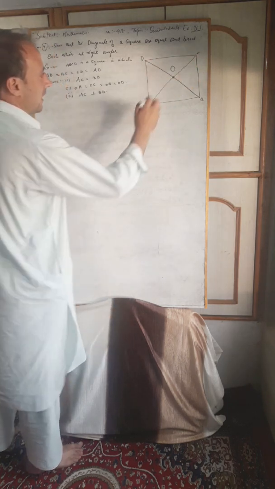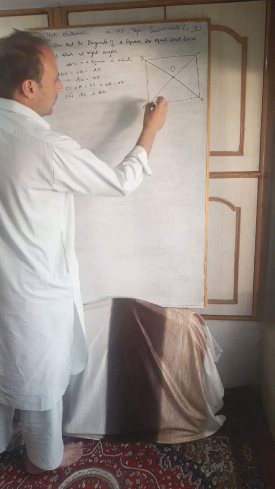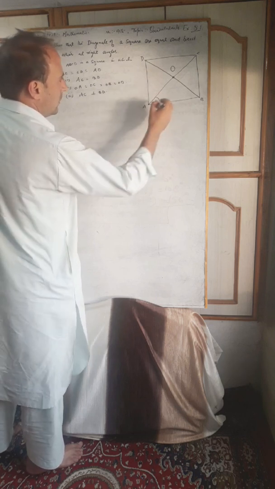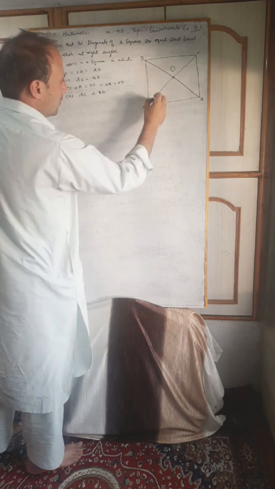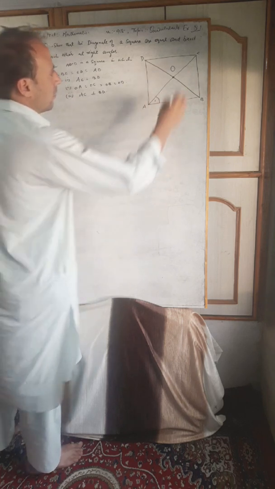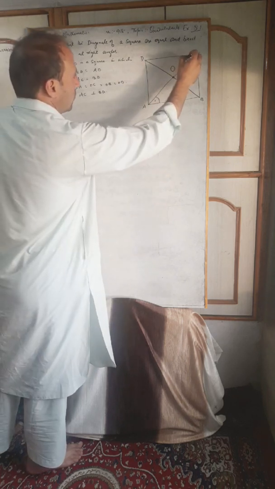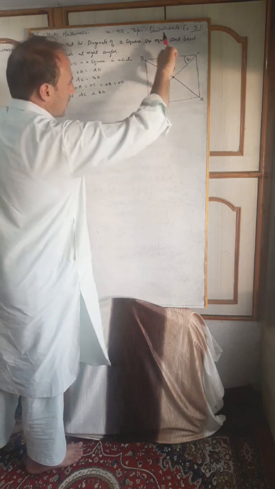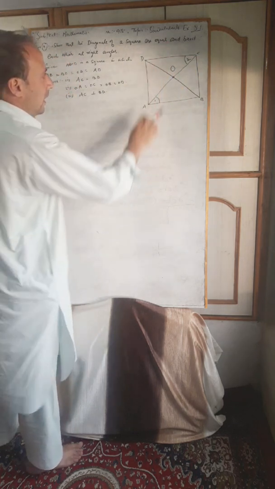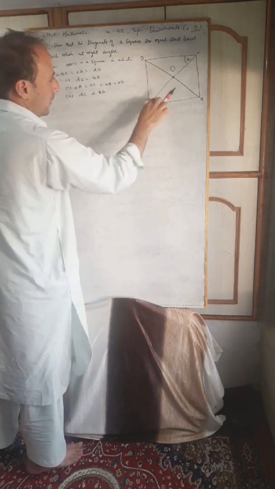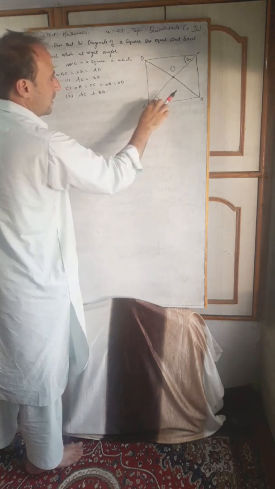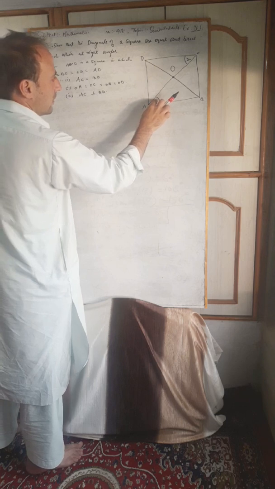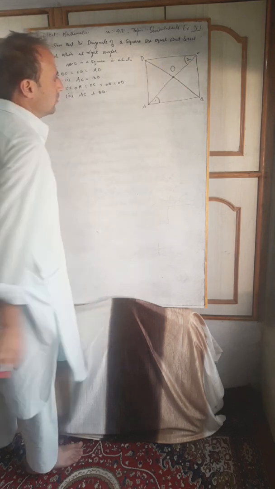So it implies that, suppose we name this angle BAO or angle BAC to be angle 1, this angle 1 will be equal to angle 2. Why? Because AB is parallel to DC, these are the opposite sides of a square, and AC is the transversal. It implies that the alternate interior angles are equal. That means angle 1 is equal to angle 2.